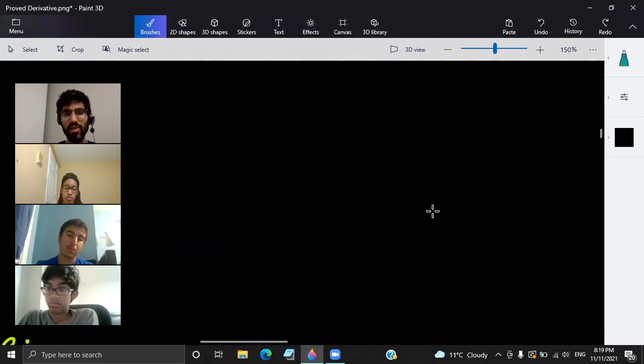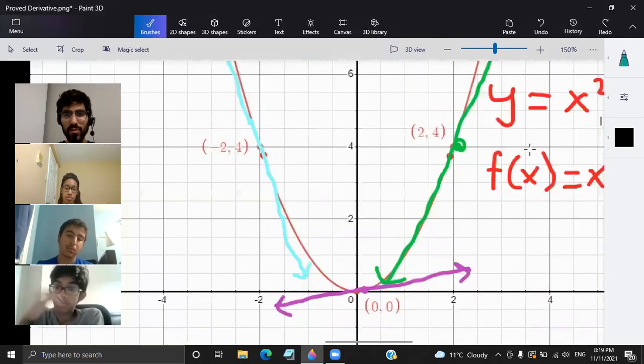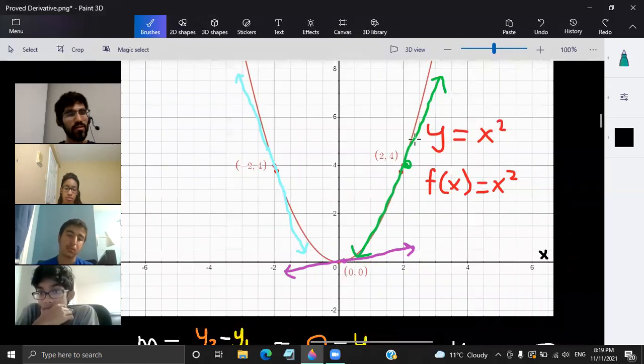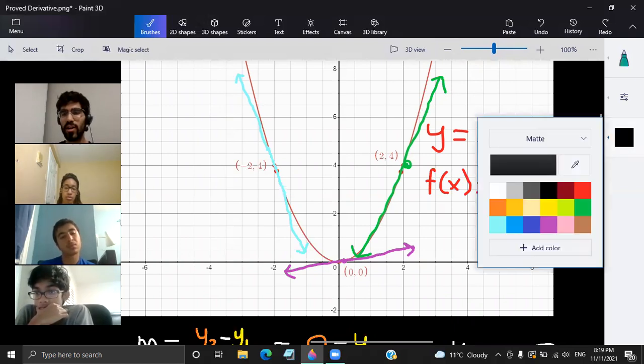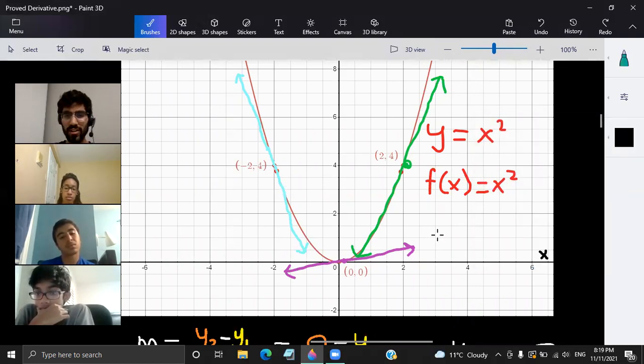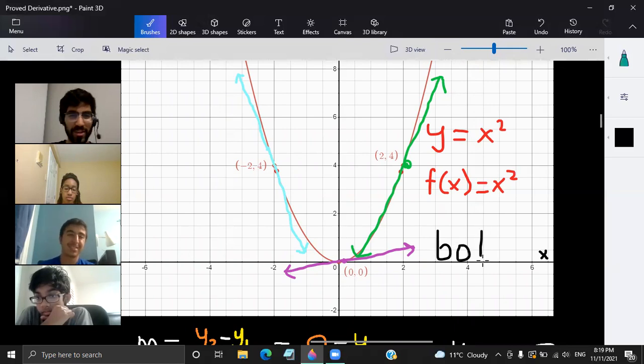And once I get that rate of change at all of these different points, I can draw a line as if it were a new function. I could say, okay, this is y equals x squared. That's the regular function that we have. I could say we're going to have a new line, and let's just call it Bob for now. We're going to give Bob a better name.